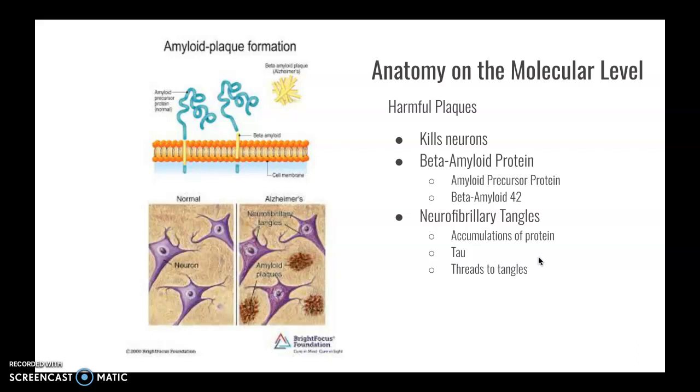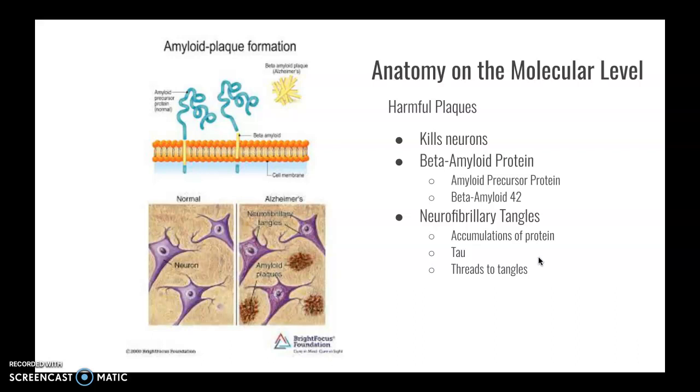Alzheimer's disease causes the development of harmful plaques. These plaques kill the neurons in your brain, which causes a portion of the brain to shrink, beginning in the hippocampus. One of these plaques is the beta amyloid protein. This comes in several different molecular forms, but they collect between neurons.